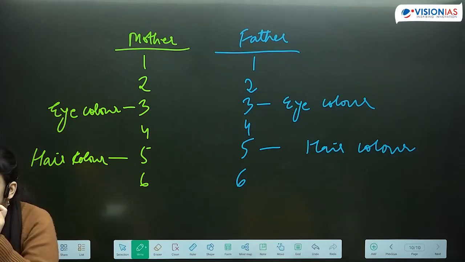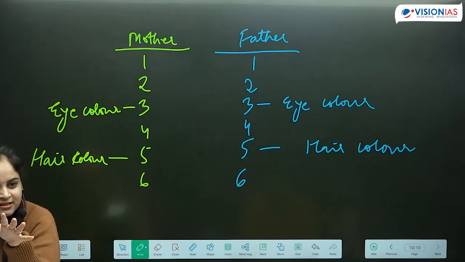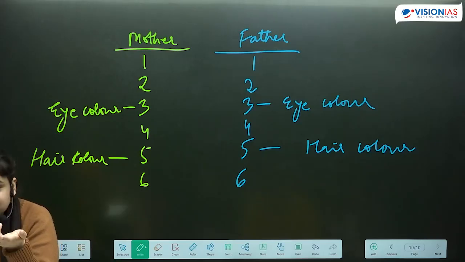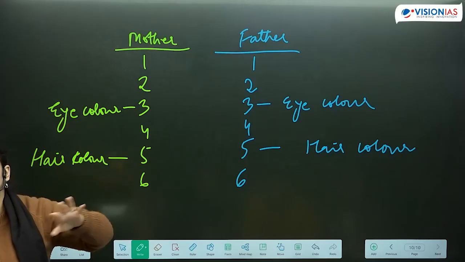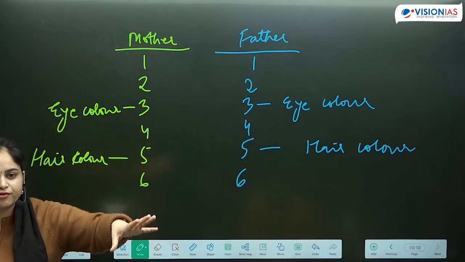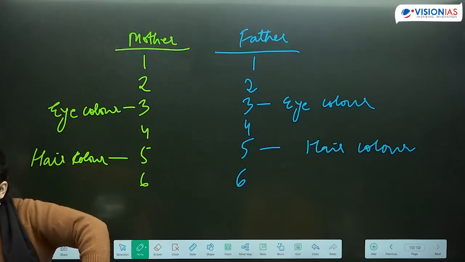Ultimately, there is going to be an interaction between those 2 genes and it will be decided कि आपका eye color होगा क्या. Because I'm sure you know you will not have one brown eye and one green eye, right? Normally that will not be the case. So आपका eye color कुछ एक ही होगा. We'll go, that's the next step which we'll go to, that how that is decided. Here you need to know कि there is no exclusion. ऐसा नहीं है कि eye color will come only from father, hair color will come from mother only.